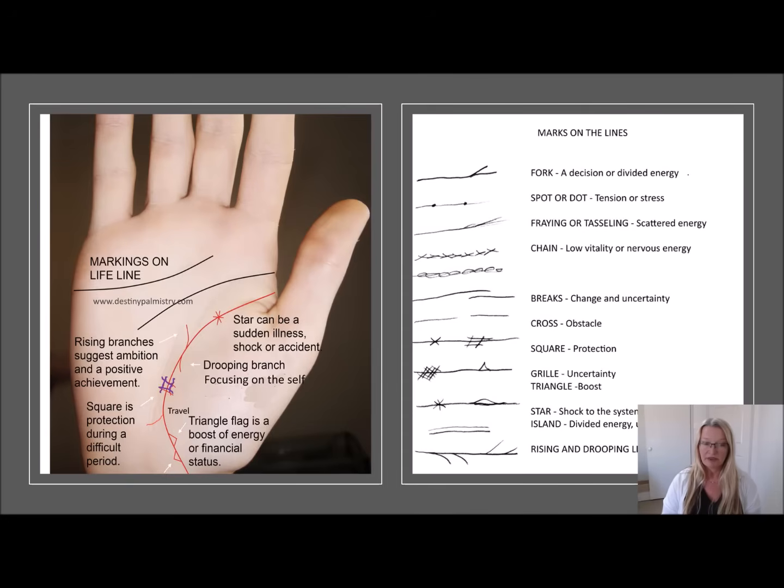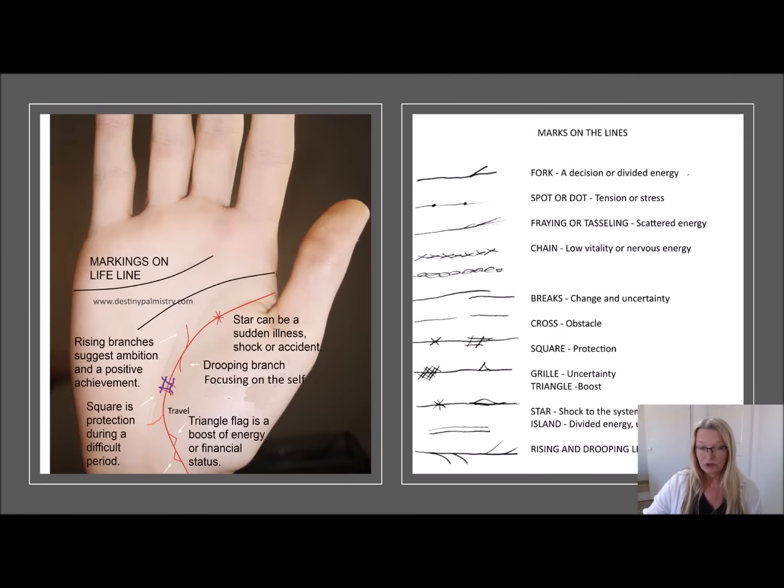So for instance, if there was a period that was quite difficult for the person, this square is protection. And it may even mean that that difficult period was averted, so it never happened after all. So it's like healing lines. It wasn't something that was going to be fated, and then it's not fated because the person was protected somehow from their decisions.